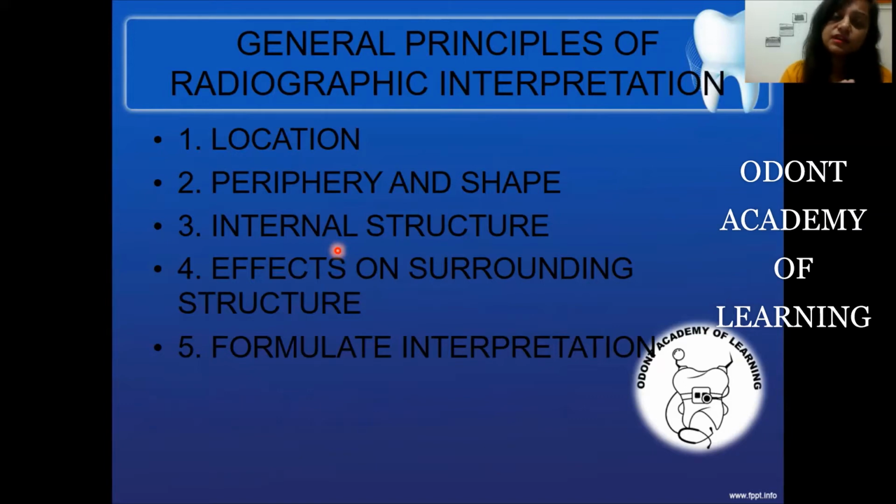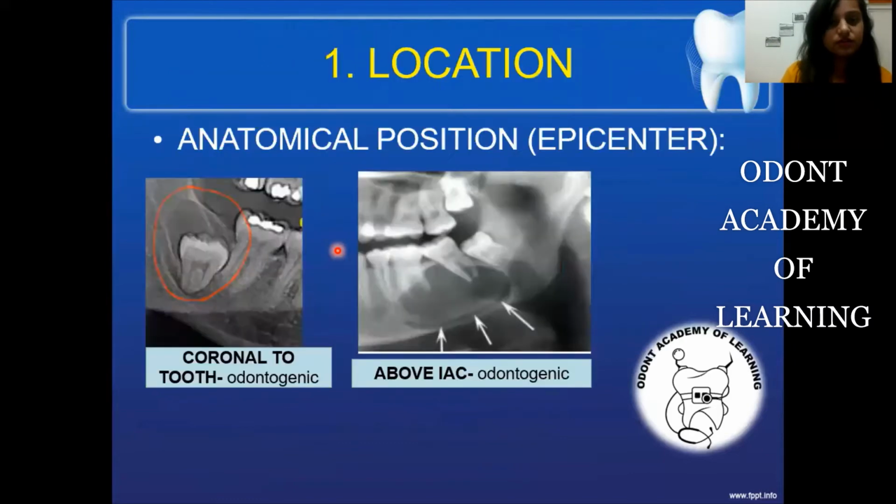Then comes the internal structure, that means what it comprises of in the radiograph and how the pathology looks internally, and finally how it appears externally, that is the surrounding structure. Keeping all these 4 points in mind, we formulate the report of the radiograph and finally come to a diagnosis.